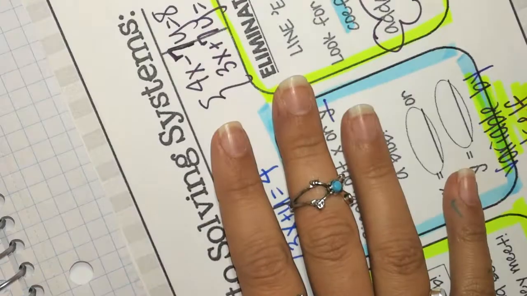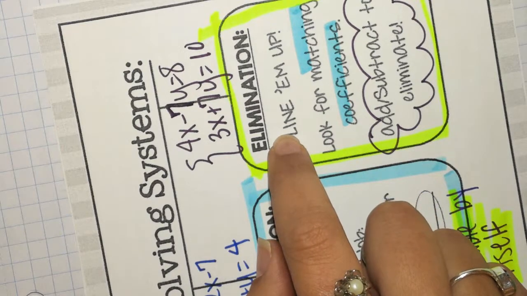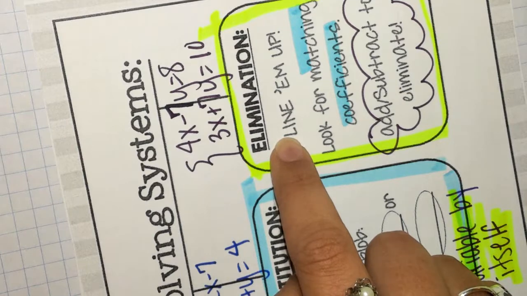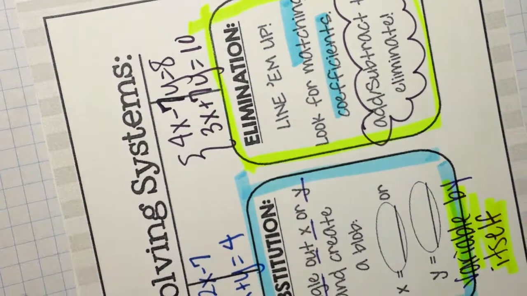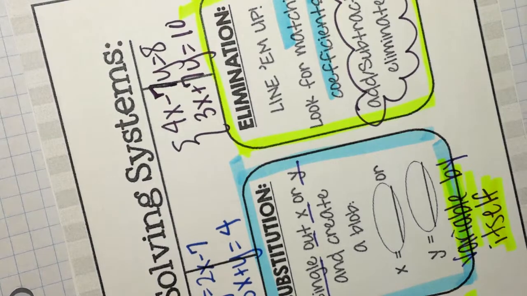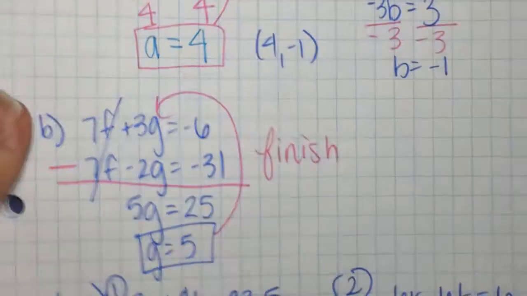We have this foldable that I gave you yesterday, right? When the variables are... Yes. Take a point. When the variables are lined up.